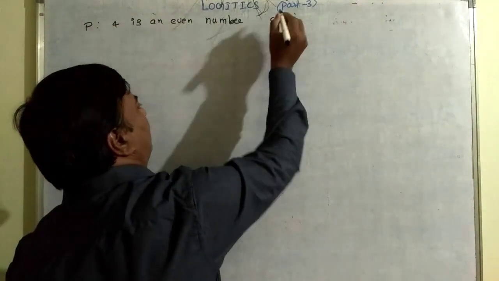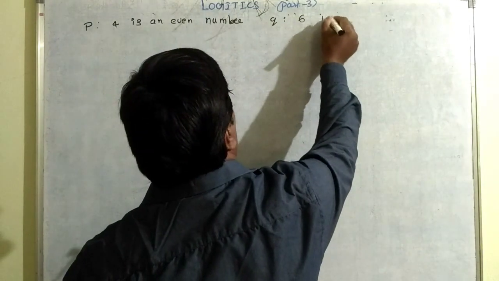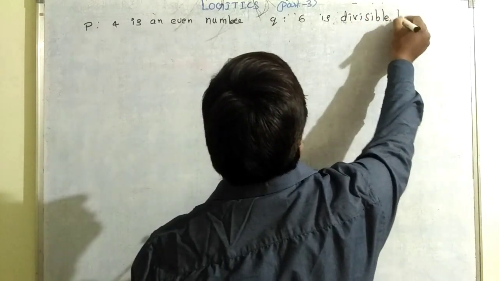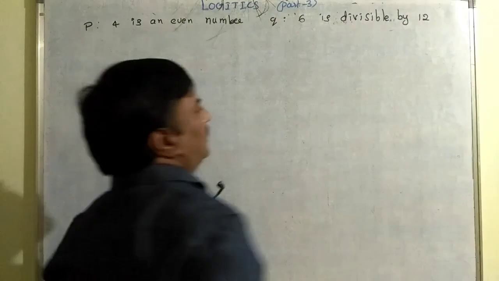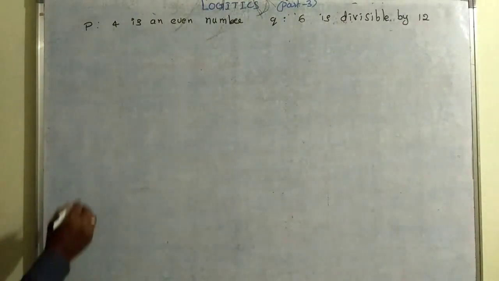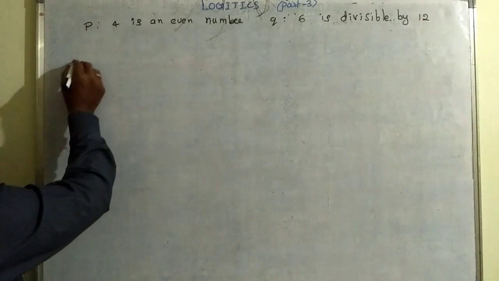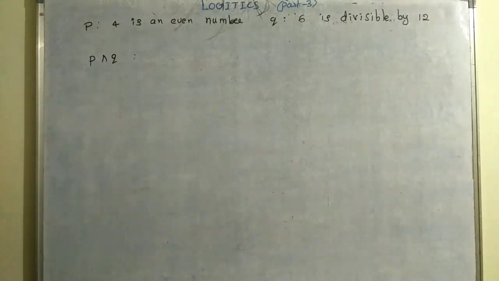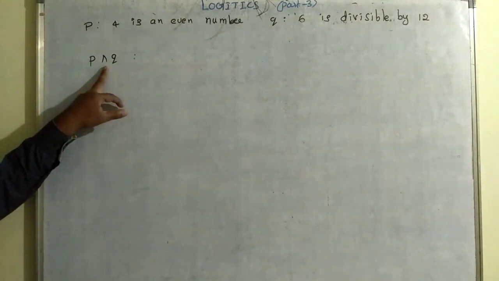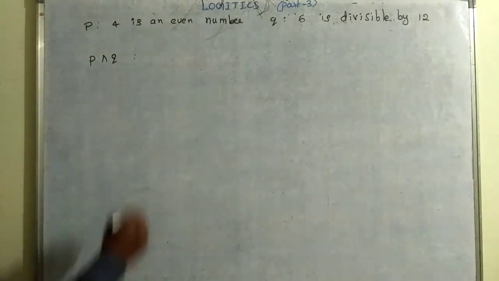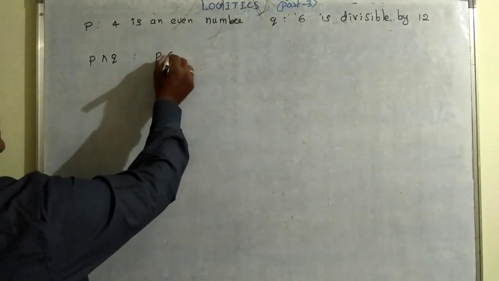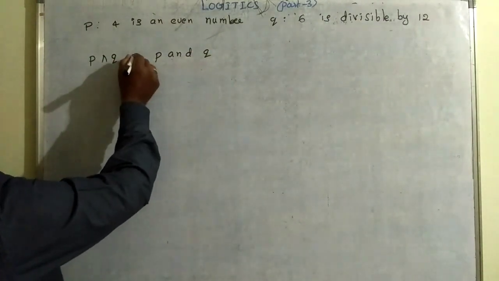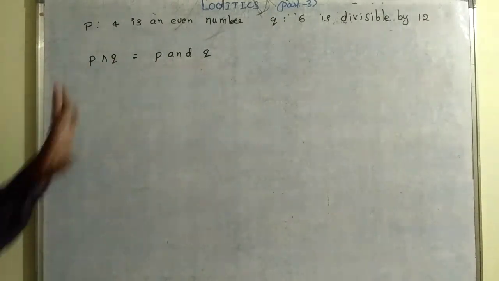The statement Q, another statement: 6 is divisible by 12. The conjunction is a combined statement connected by the connective 'and': P and Q. By the symbol we can define it as P conjunction Q.